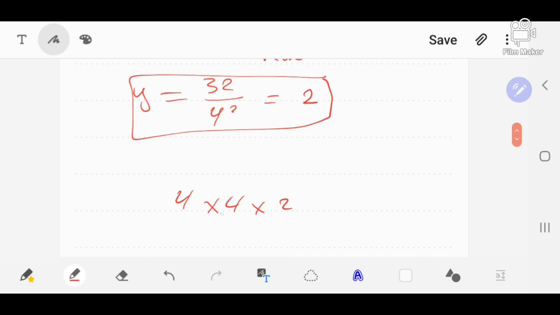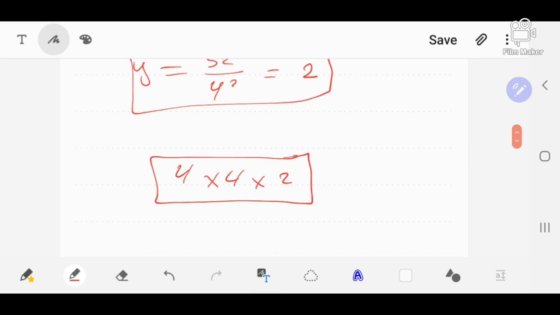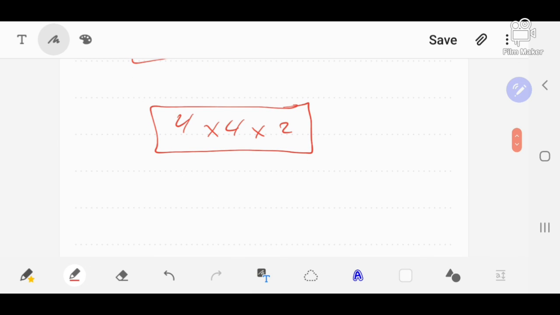This will give you a volume of 32 and the minimum amount of material used. So if you are the owner of this factory, this is how you should produce a volume of 32 cubic centimeters with a minimum amount of material.